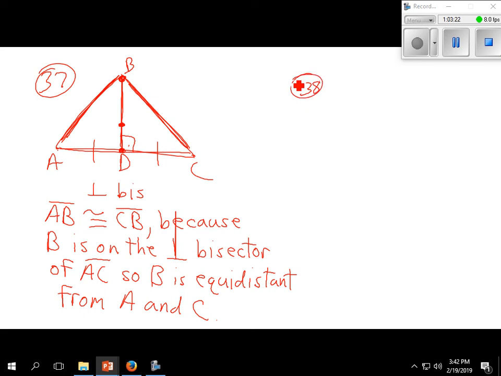Number 38 says in the diagram, fire hydrants are located at point A and B, line PQ coincides with a road and is the perpendicular bisector of AB. Will a firefighter at the scene of a car fire have to walk farther to connect the hose to fire hydrant A or fire hydrant B?